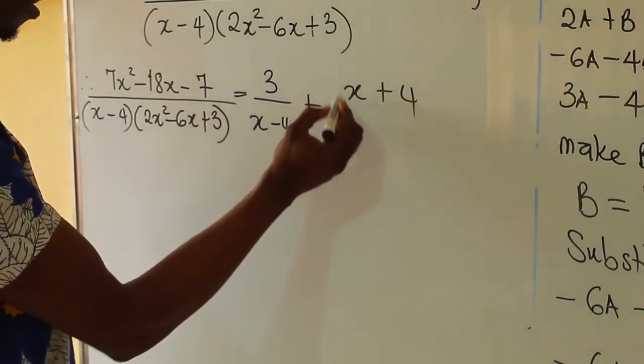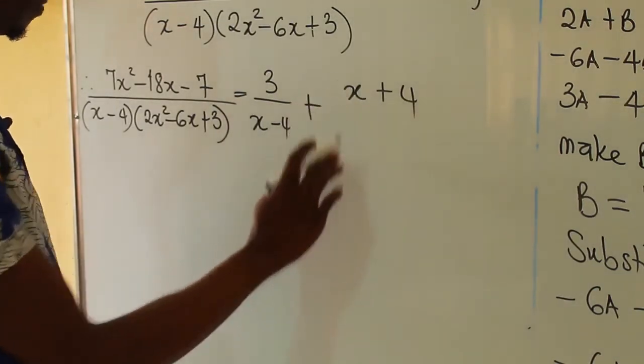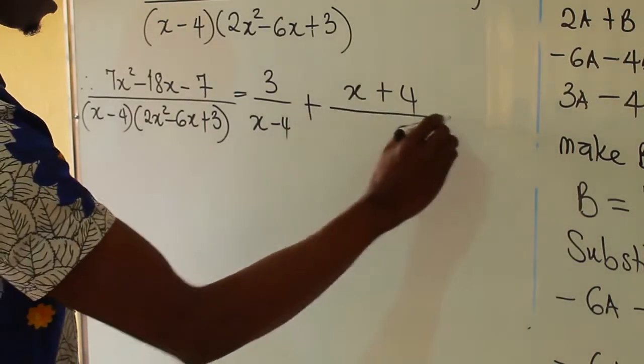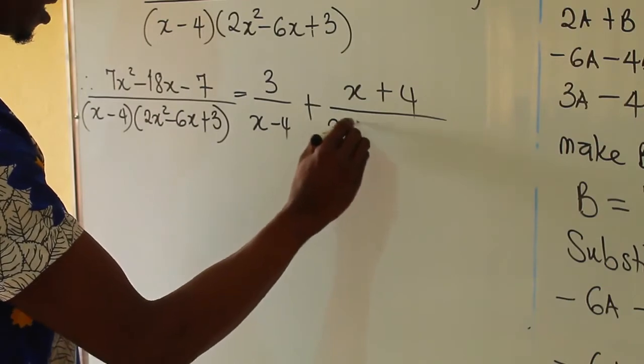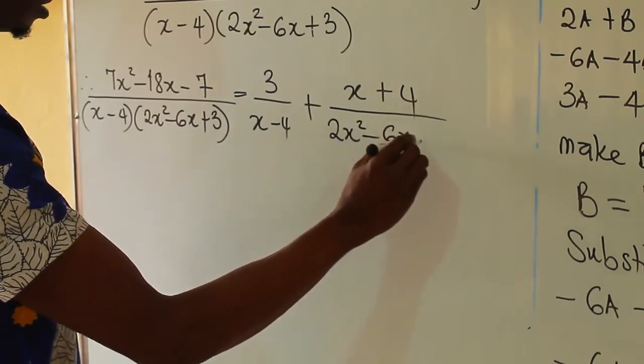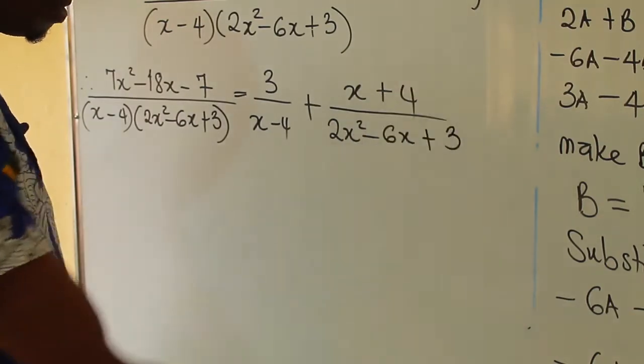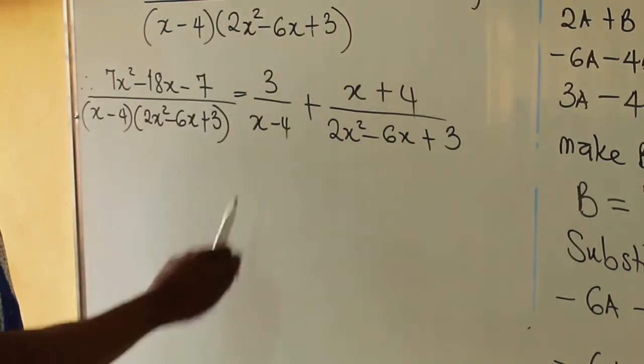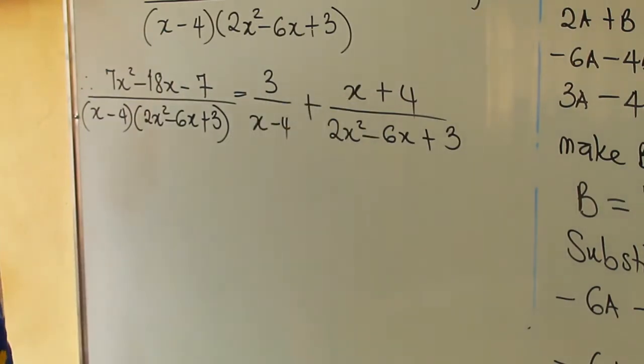Since b is 1 and we don't write 1x, it is written as x plus 4 over 2x squared minus 6x plus 3. We have succeeded in splitting this compound fraction into 2 single algebraic fractions.